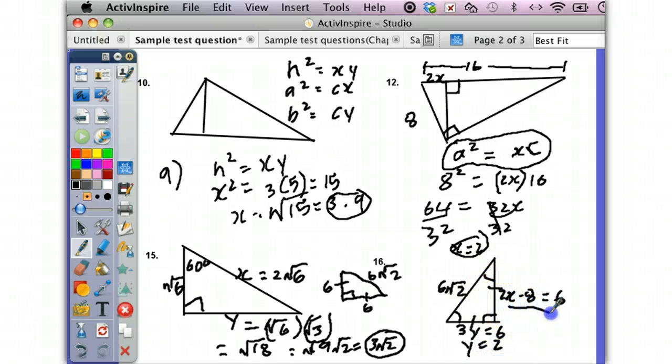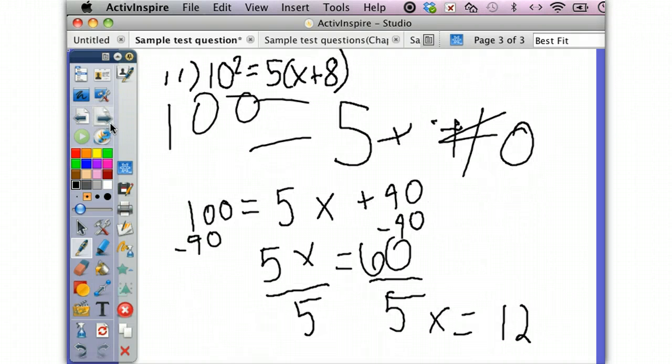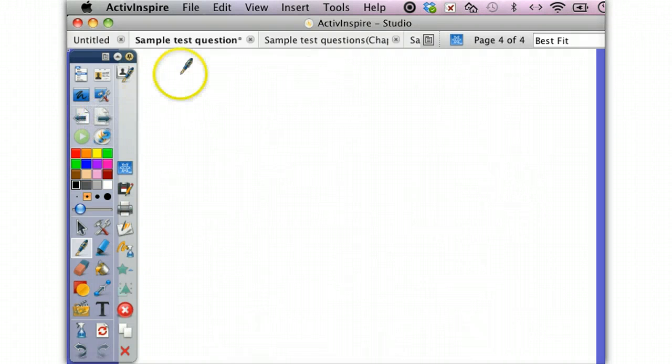And here, Joshie, how would I work this out? 2x minus 8 equals 6. You'd add 8 to both sides. Want to give it a shot? Add 8 on here, and look up here to make sure you're lined up.